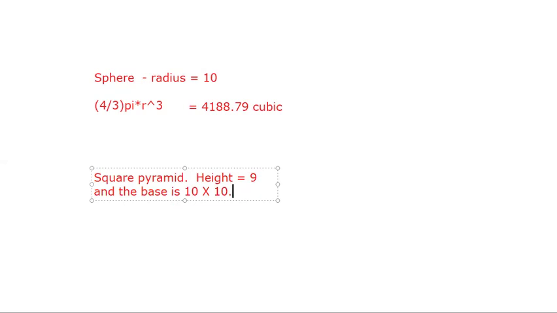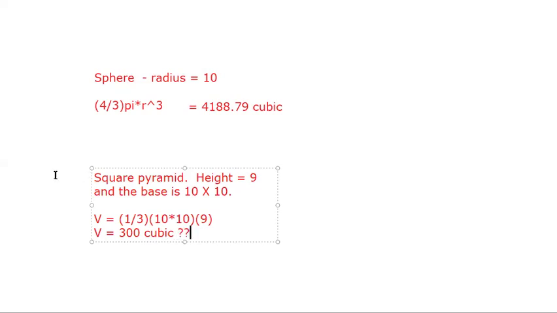Well, the formula is 1/3 times the area of the base times the height. So the volume equals 1/3 times the area of the base, the capital B, which is 10 times 10, times 9. So that's 1/3 times 100 times 9. If you put that in your calculator, you will get 300. And it's cubic whatever units it is, you'll put the exponent of 3 on it to make it cubic. So go ahead and put that into your calculator and see if you get the same answer.